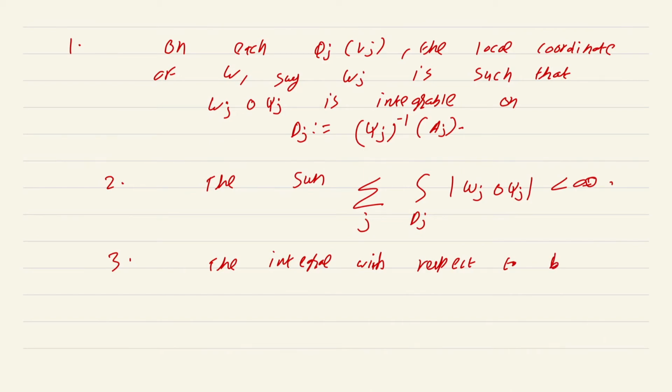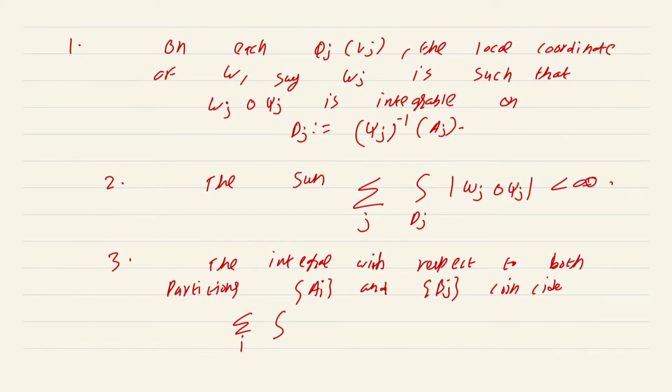partitions A_i and B_j coincide. What this means is the summation over i of the integral over C_i of omega_i composed with phi_i is exactly the same as the summation over j of the integral over D_j of omega_j composed with psi_j.